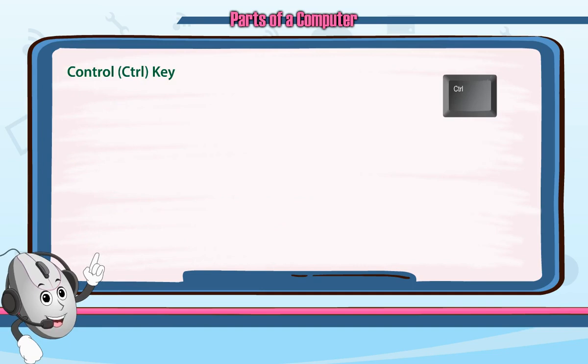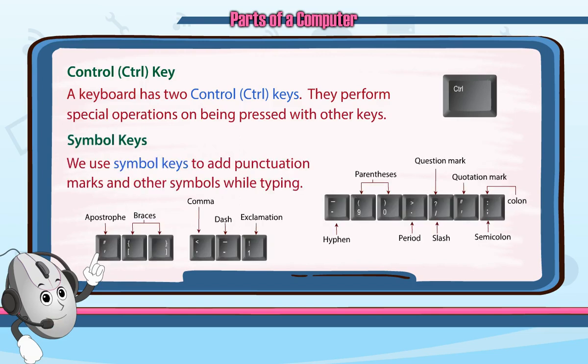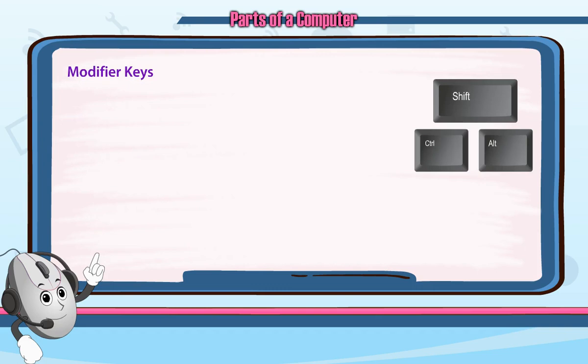Control Ctrl key. A keyboard has two control keys. They perform special operations on being pressed with other keys. Symbol keys. We use symbol keys to add punctuation marks and other symbols while typing.